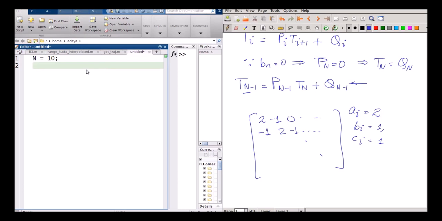So let me write A equal to rand n comma 1, B equal to rand n comma 1, and C equal to rand n comma 1.